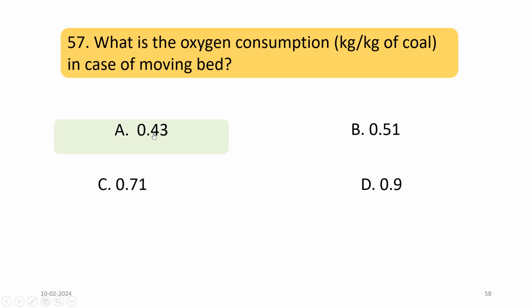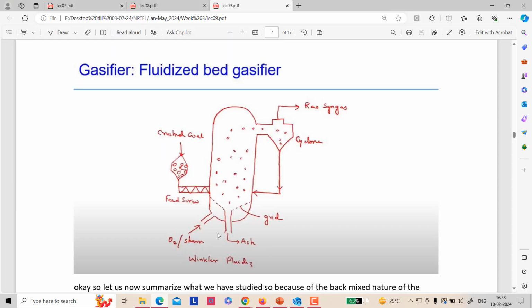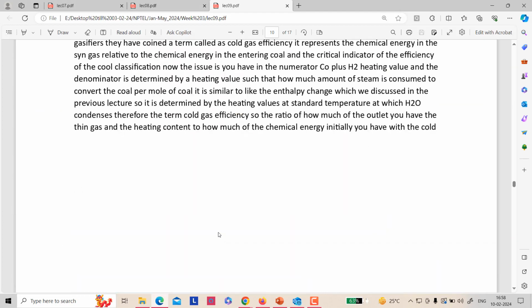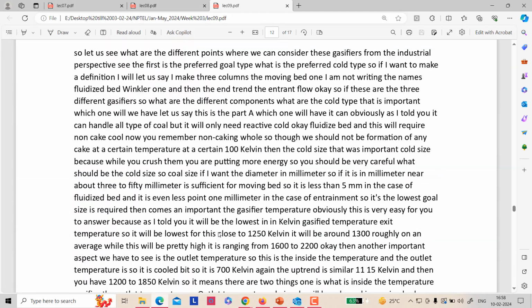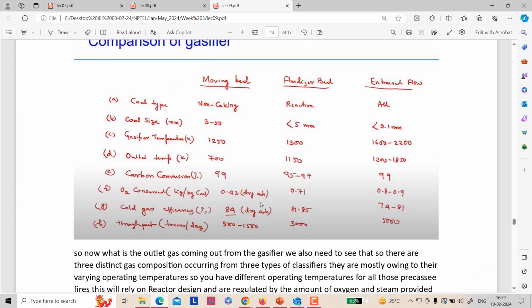Here the answer is 0.43. So in the comparison chart itself, sir has taught it. Oxygen consumed is 0.43 in case of moving bed, 0.71 in case of fluidized bed, and 0.89 in case of entrained bed.